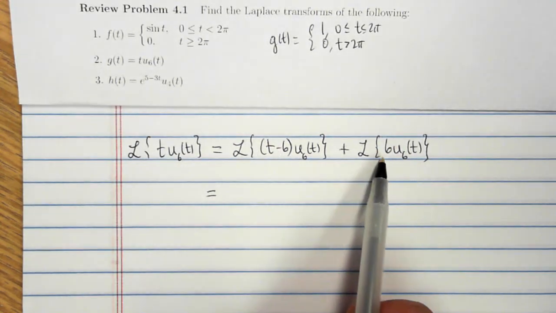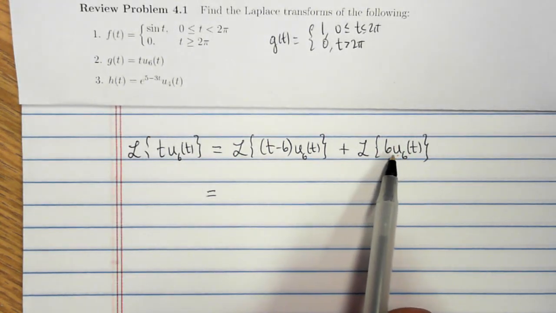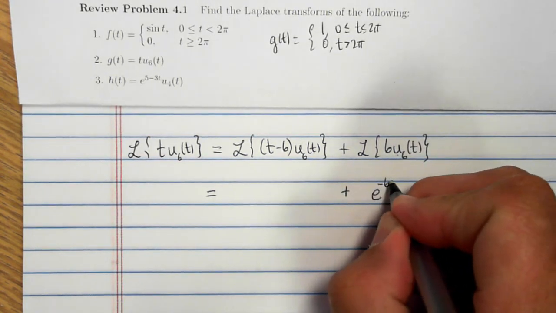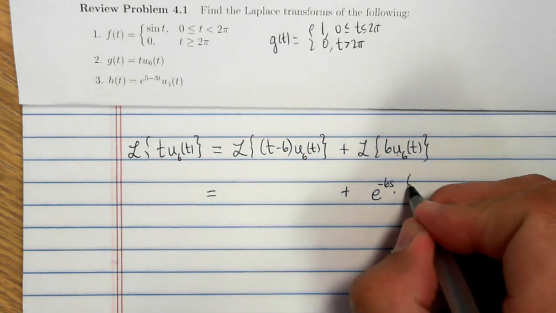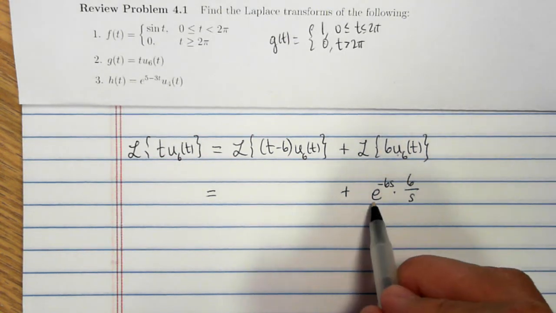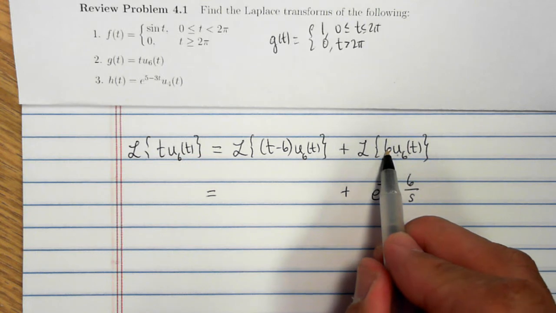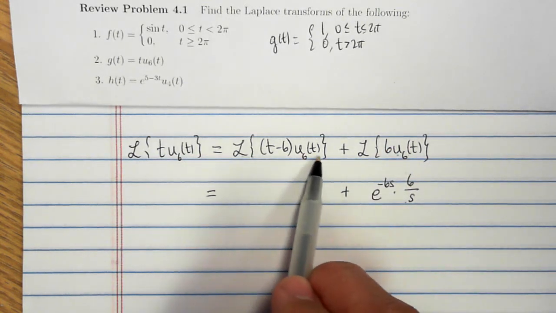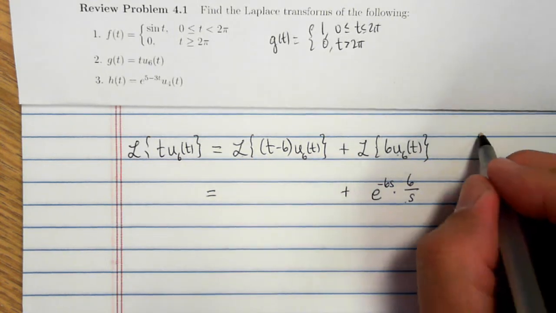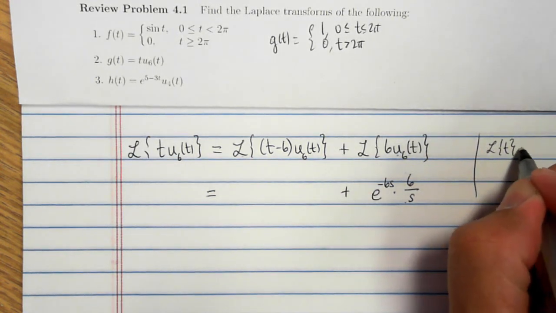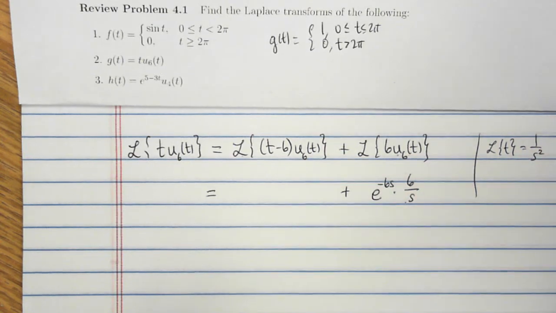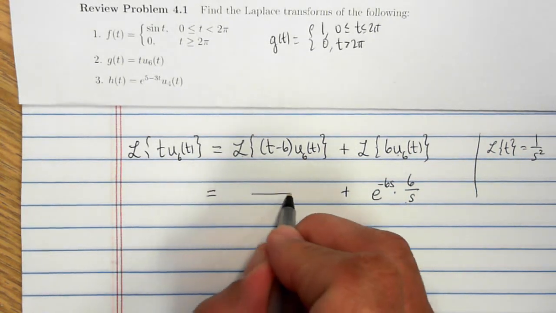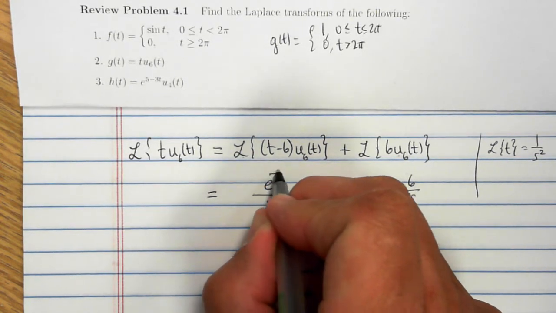Now the Laplace transform of 6 times the unit step function is just e to the minus 6s times 6 over s. The e to the minus 6s comes from the step function, and the Laplace transform of 6 is 6 over s. To figure out the Laplace transform of this part, we remember that the Laplace transform of t is 1 over s squared, and therefore the Laplace transform of this is going to be over s squared, but I'll have an e to the minus 6s on top.